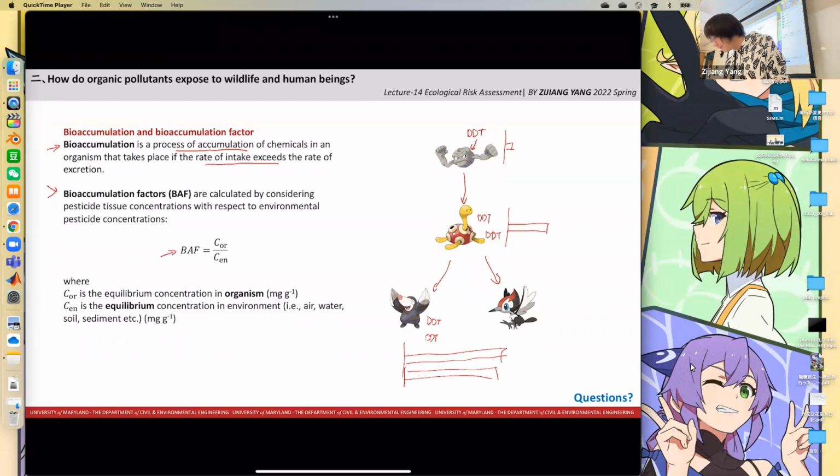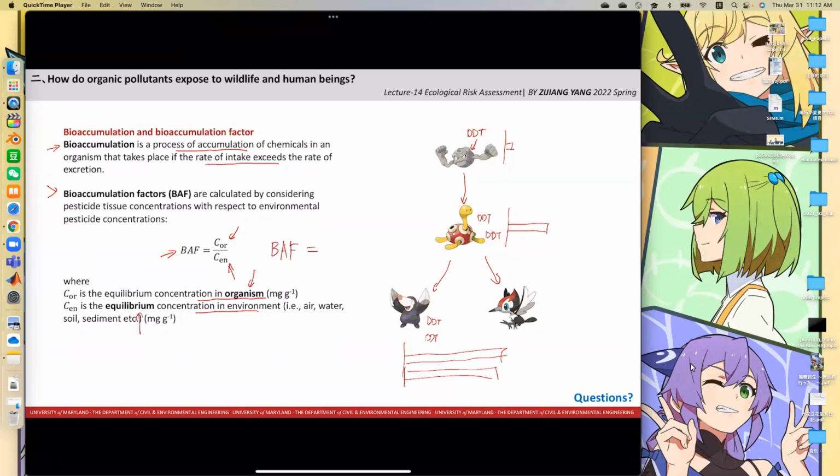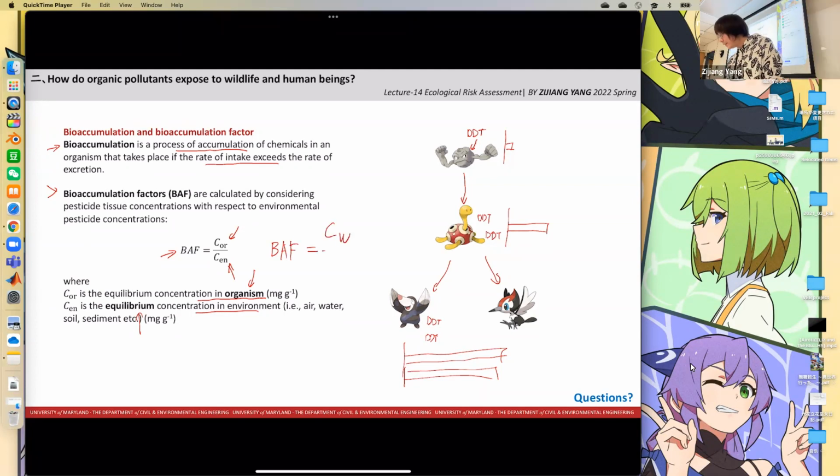So it is defined as the concentration of the pollutants in the organism, so CO refers to the concentration in the organism, divided by the concentration in the environment at equilibrium. And here the organism and environment can be different components. For example, we can calculate the bioaccumulation factor, which equals the concentration of DDT in the earthworm divided by the concentration of DDT in the soil.